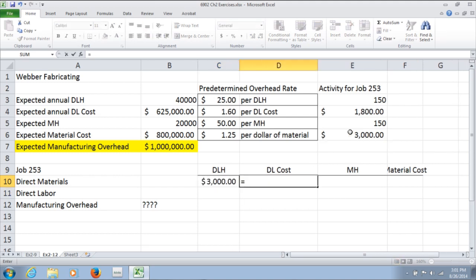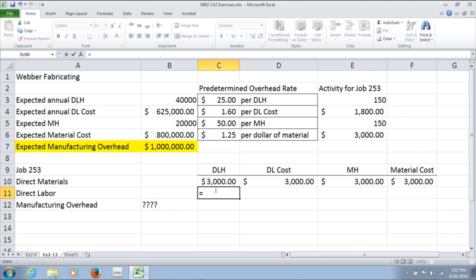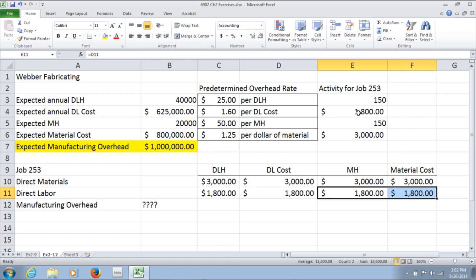So it doesn't matter what the allocation mechanism is. Each of these will be $3,000 when we're talking about the direct material costs. Similarly, direct labor costs will be $1,800, which was the dollar amount paid for direct labor. So these will be the same as well. When we're coming up with the total job cost for job 253, direct materials and direct labor will be identical. The only difference may come in the case of manufacturing overhead.